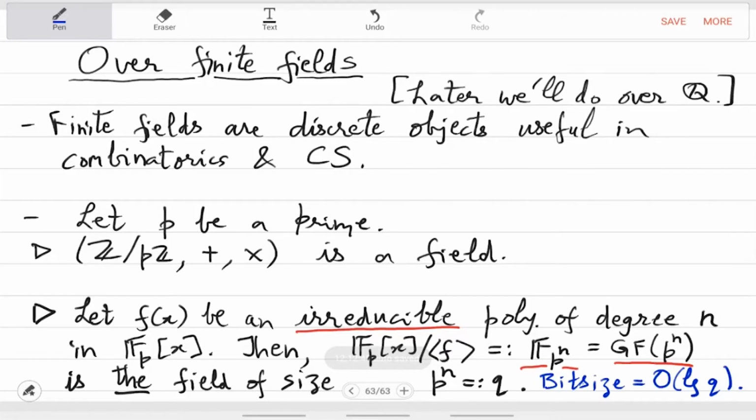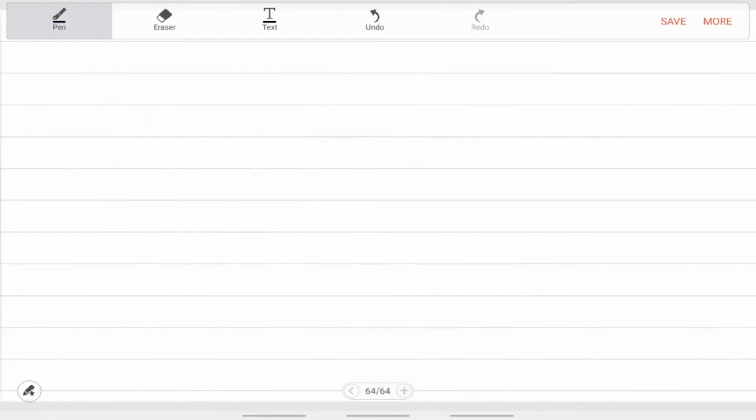Whenever we say a field is given or we are working over a field, that is the representation. Without exception, this is the underlying representation we'll assume, and the time complexity will be in terms of this representation. So it's a completely explicit discussion. This is not abstract.